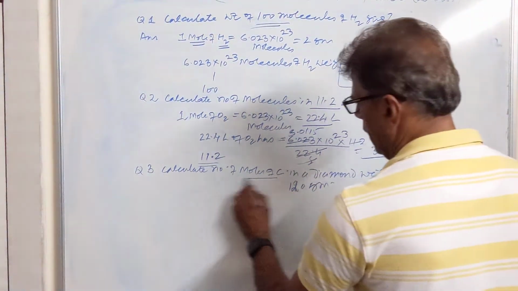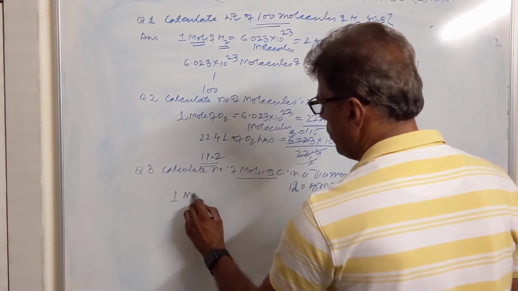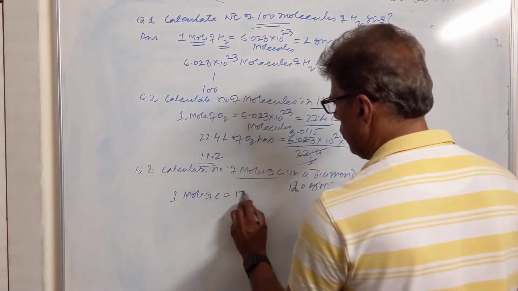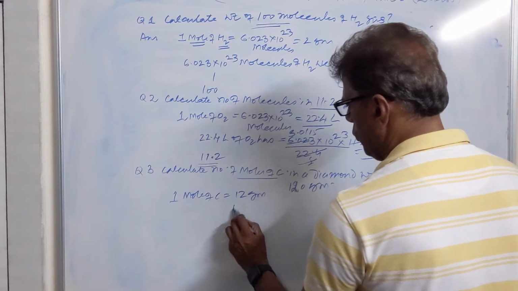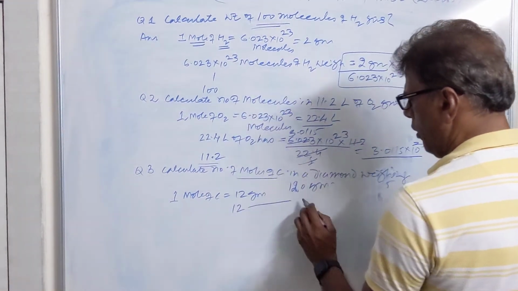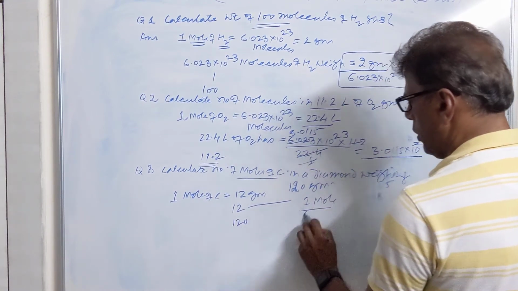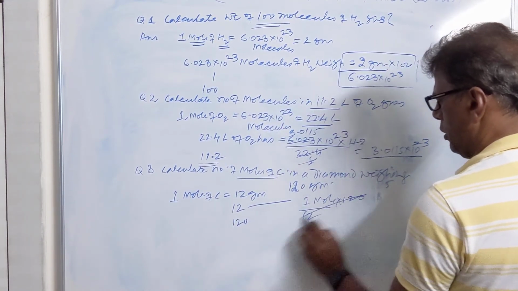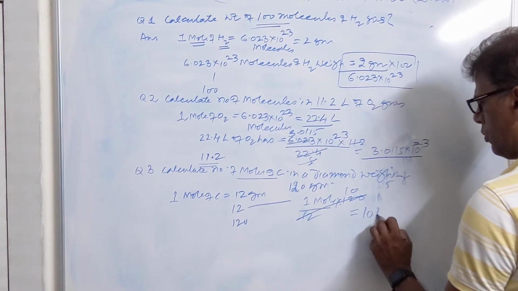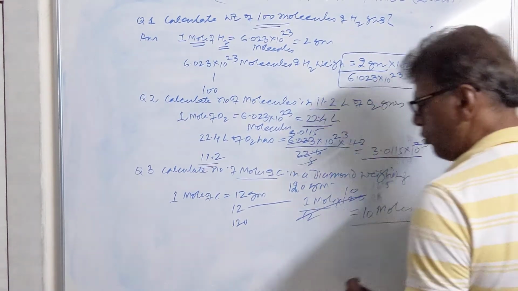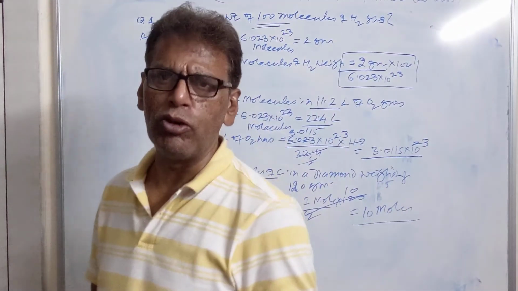We say 1 mole of C is equal to 12 gram. So following the unitary method, 12 gram is equal to 1 mole. 120 gram will be equal to 120 upon 12. This will be equal to 10 moles. So this is the way to go for numerical problems on the mole concept.